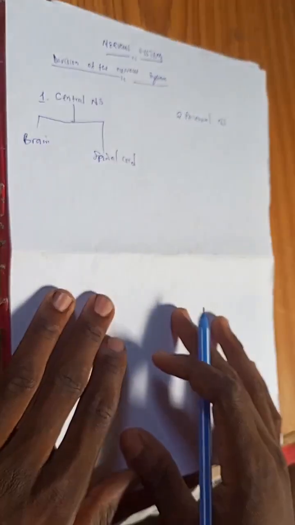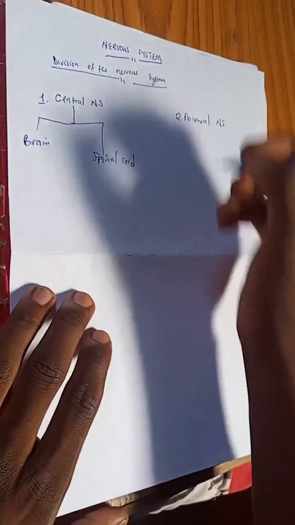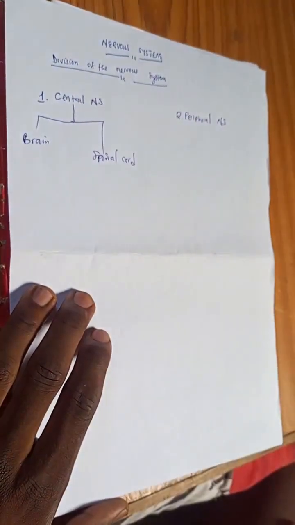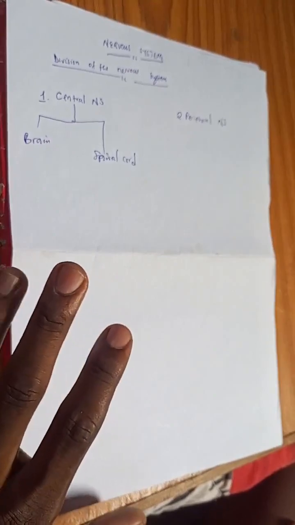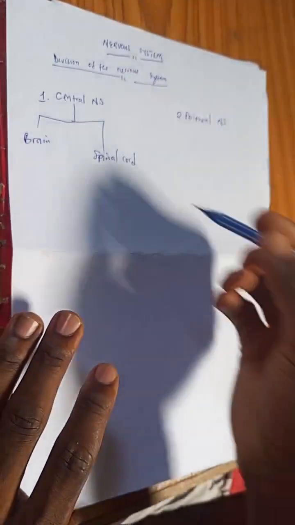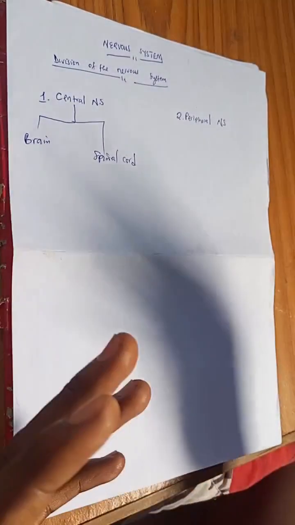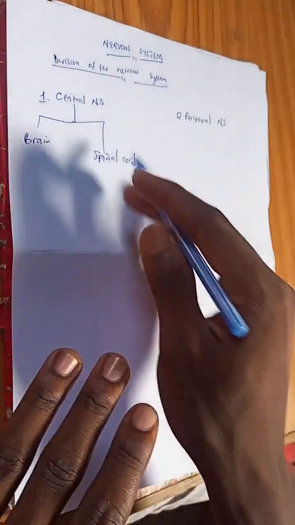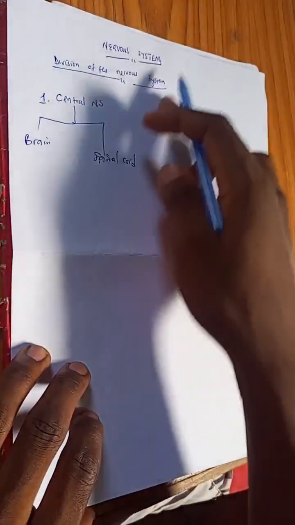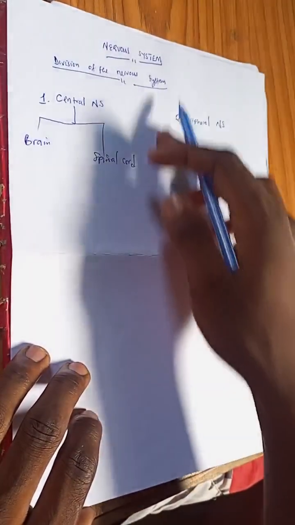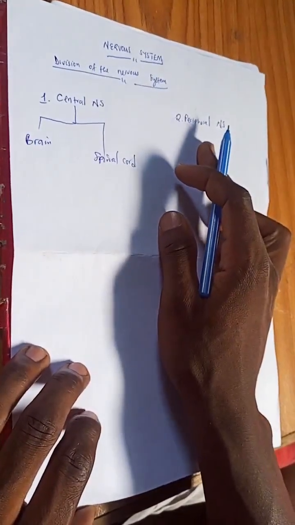So all those branches coming off the spinal cord going to the peripherals, they constitute what? The peripheral nervous system. Hope you have heard. So all those branches of nerves branching from the spinal cord are found where? In the peripheral nervous system.